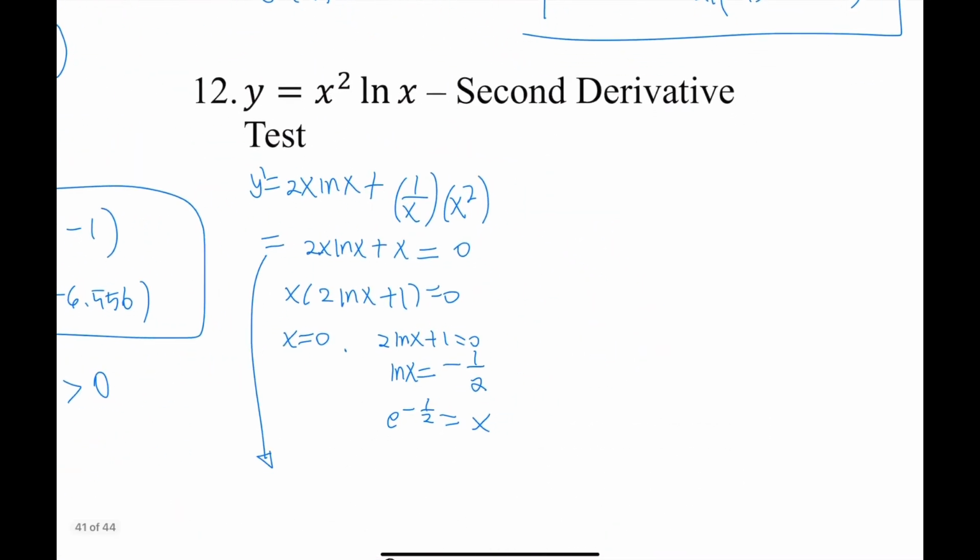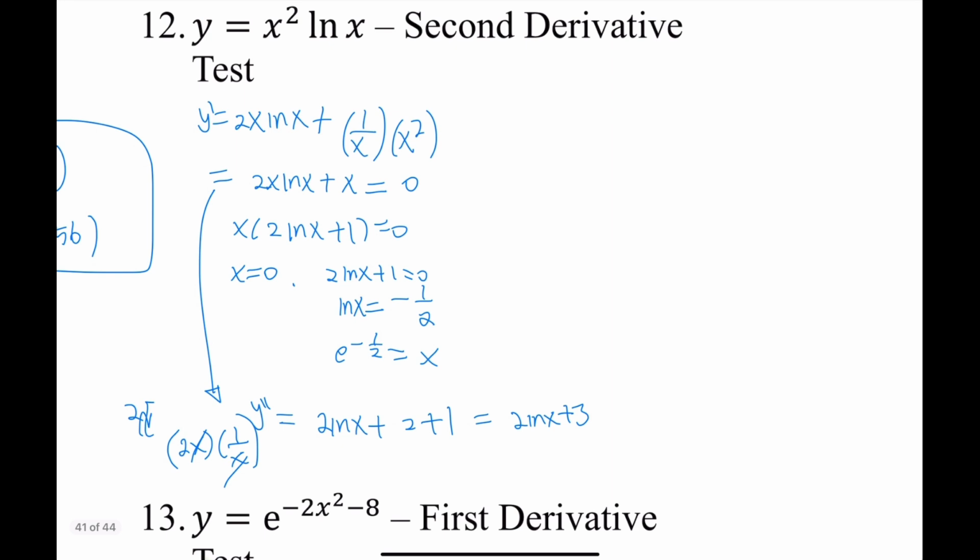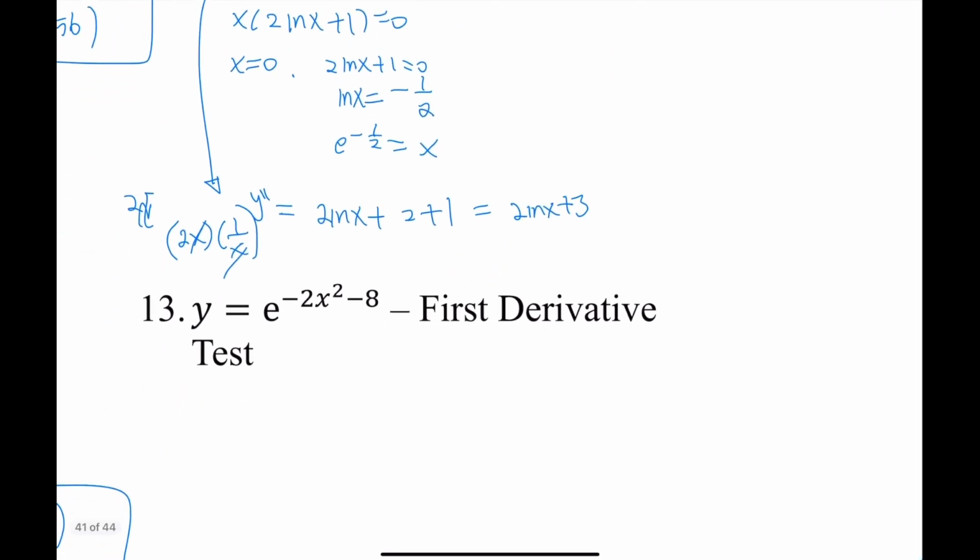So y double prime equals 2 ln x plus 2 times x times 1 over x, right? So 2, oh, just 2, okay. 2, and then plus 1, which gives us 2 ln x plus 3, right? And then let's try to plug everything in to see if they're positive or negative.